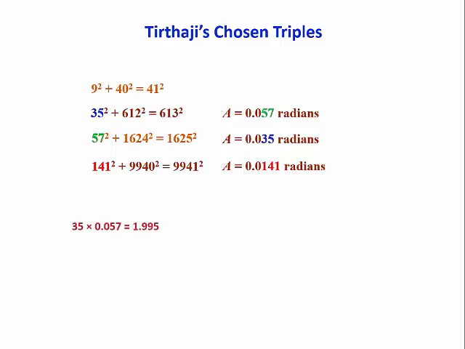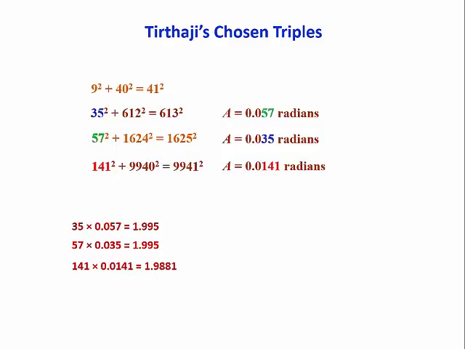But if we multiply 35 by its angle, the first element of this triple by its angle, you get this number, close to 2. If you do the same for this one, 57 times 0.035, you also get a number close to 2. And if you multiply this first number in this triple by its angle, you also get a number close to 2.